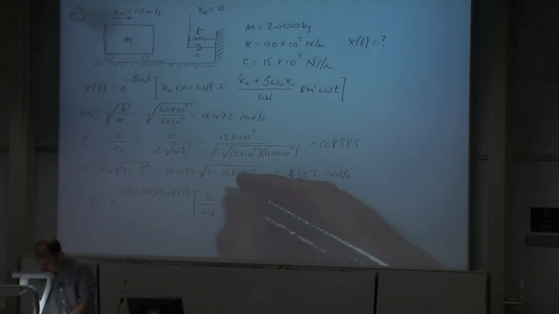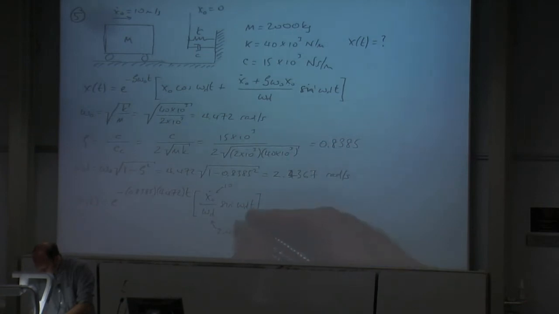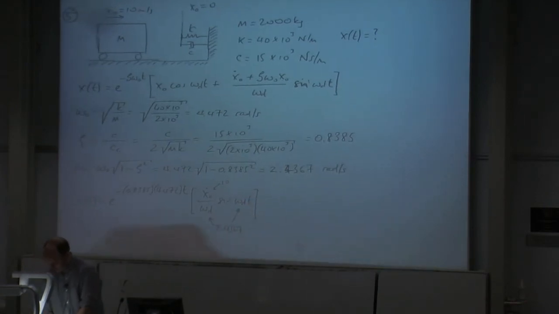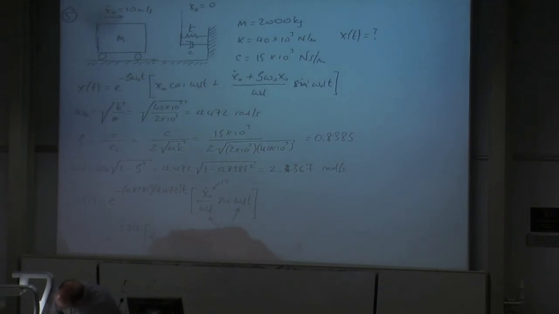Now we know that x dot naught is 10, and omega d we know is 2.4367, as is that. And so we can write this out in full. E to the minus, those two multiplied out to be 3.75 t, times 4.104 sine 2.4367 t.